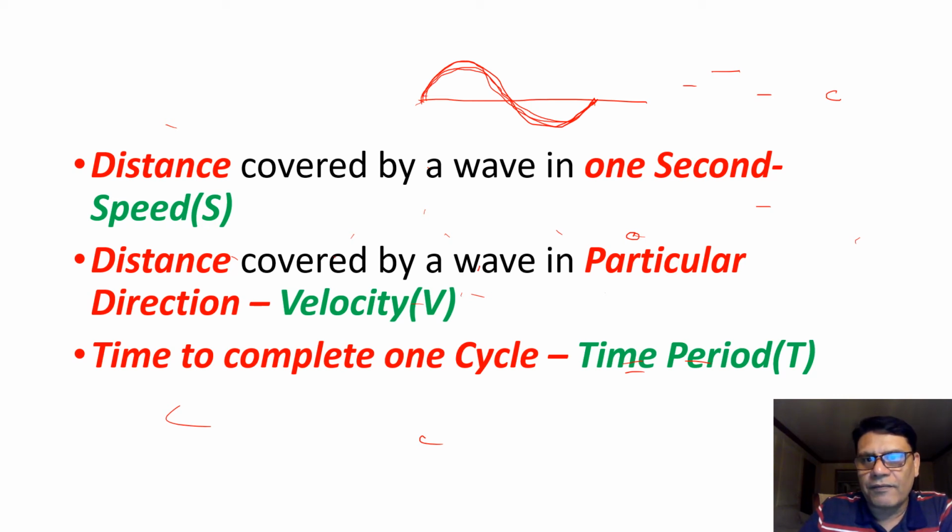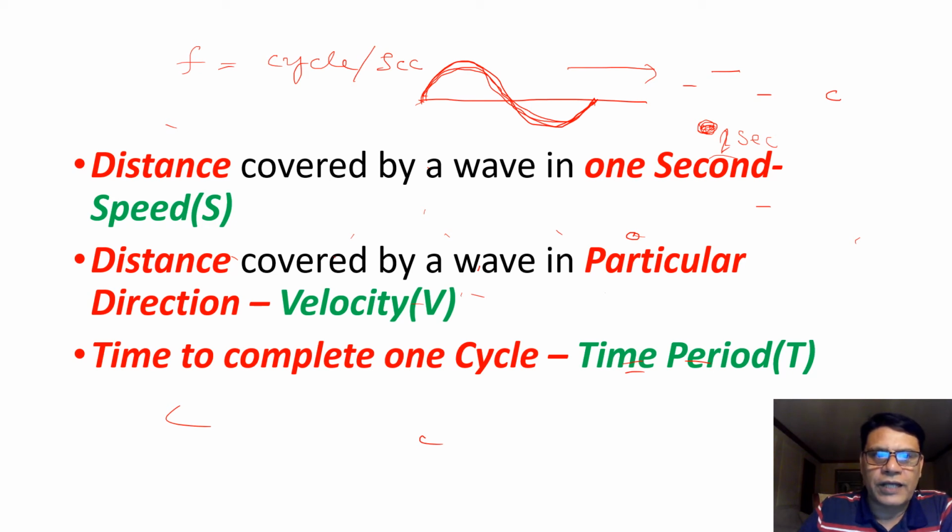And the number of cycles passing through a particular point in 1 second is called frequency. So this is the difference between time period, wavelength, and frequency. Remember again and again that frequency is cycles per second, one cycle in 1 second.